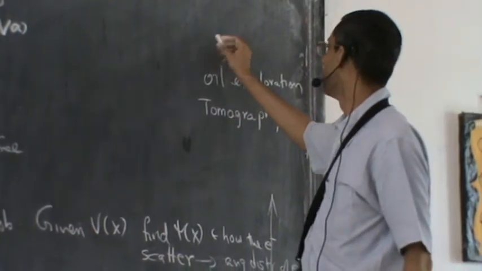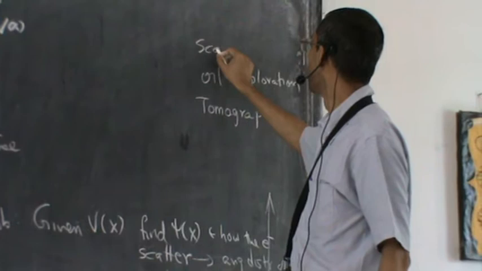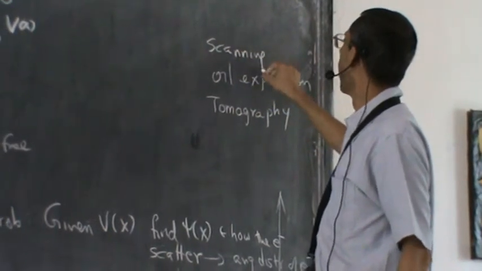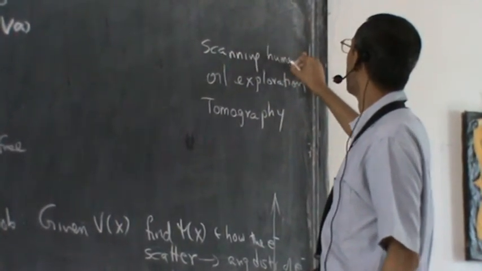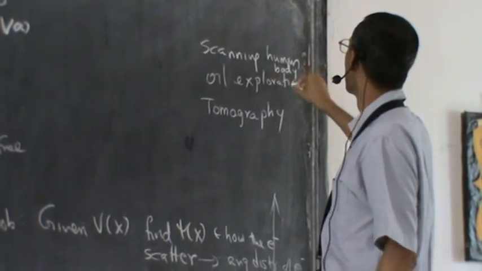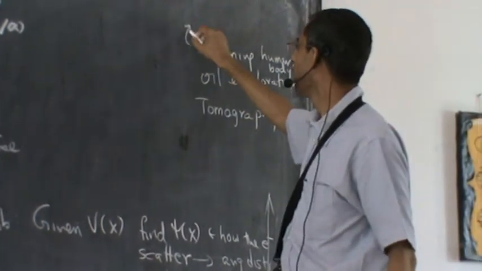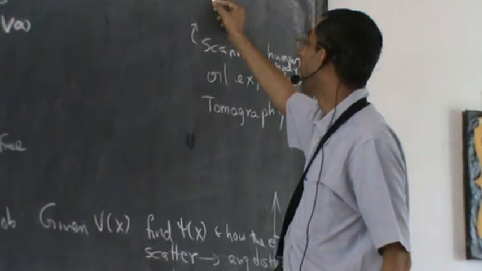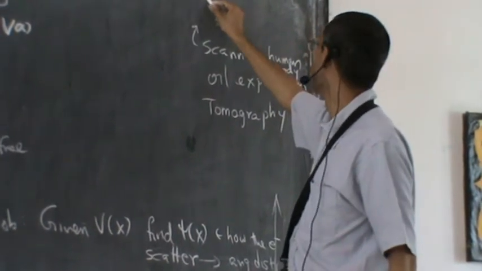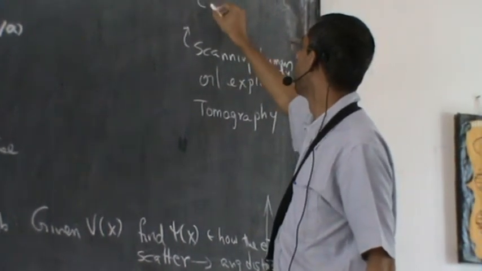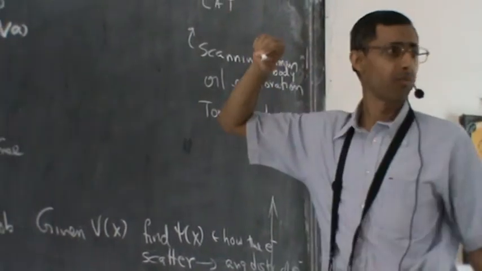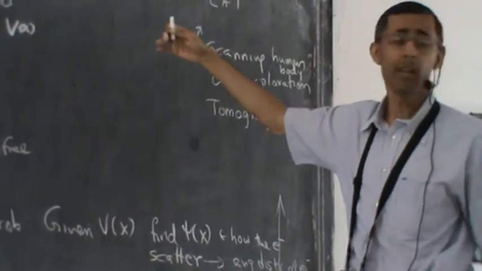Okay, so scanning the human body. Yeah, so that is essentially a problem in the scanning. It goes under various acronyms. So CAT stands for computer aided tomography.